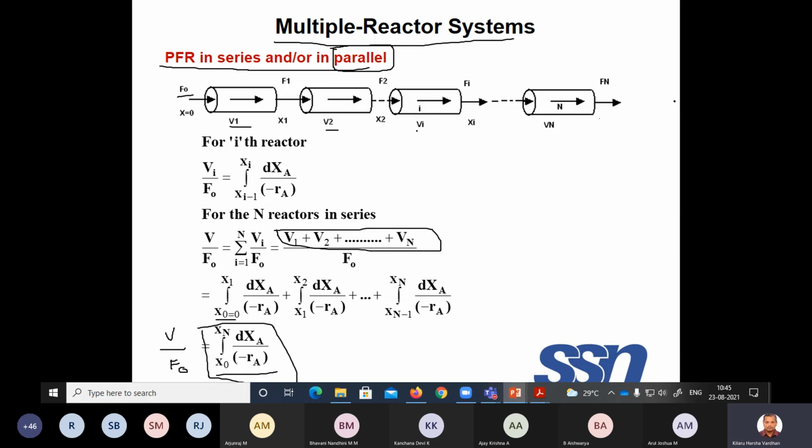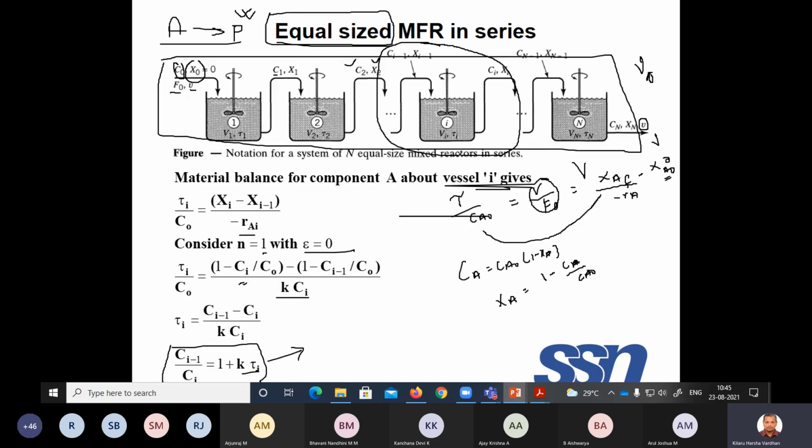Plug flow reactors in series can be eliminated and replaced by one plug flow reactor of volume equal to the sum of the volumes. Or for equal size mixed reactors, you can eliminate them by putting one PFR only, which will have your space requirement also very less. But the volume is going to be the same.